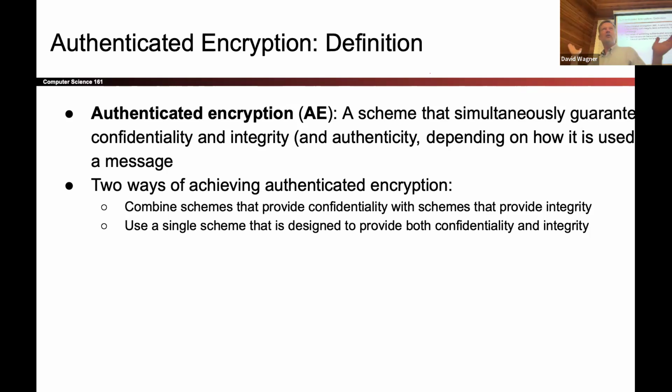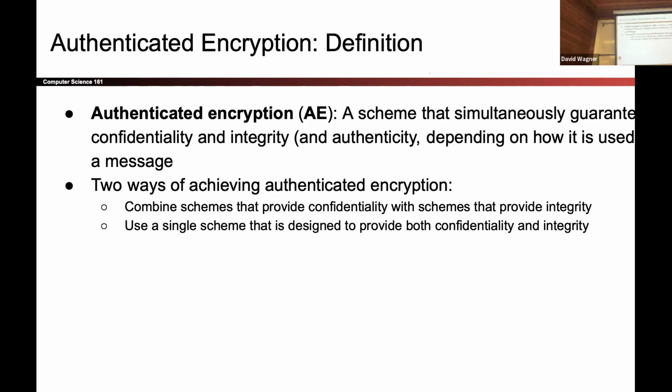And there are two standard ways of achieving this. One way is to combine a scheme that provides confidentiality. What would provide confidentiality? Just yell it out louder because my hearing's bad.